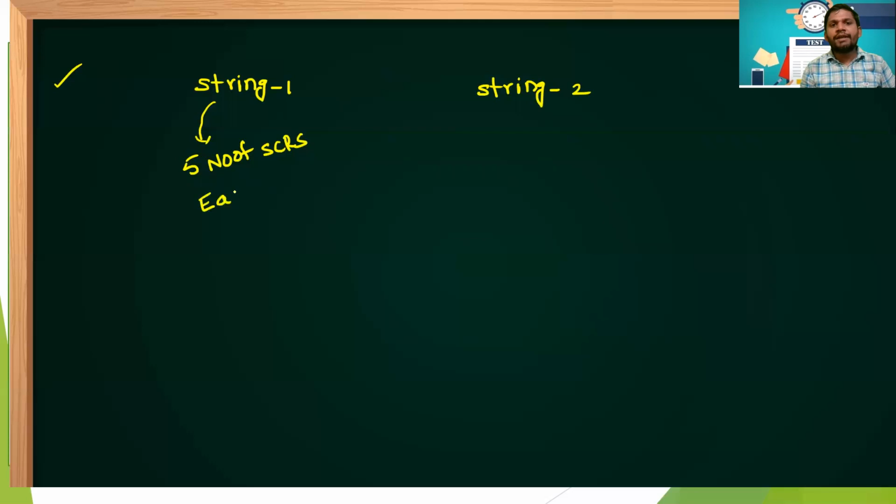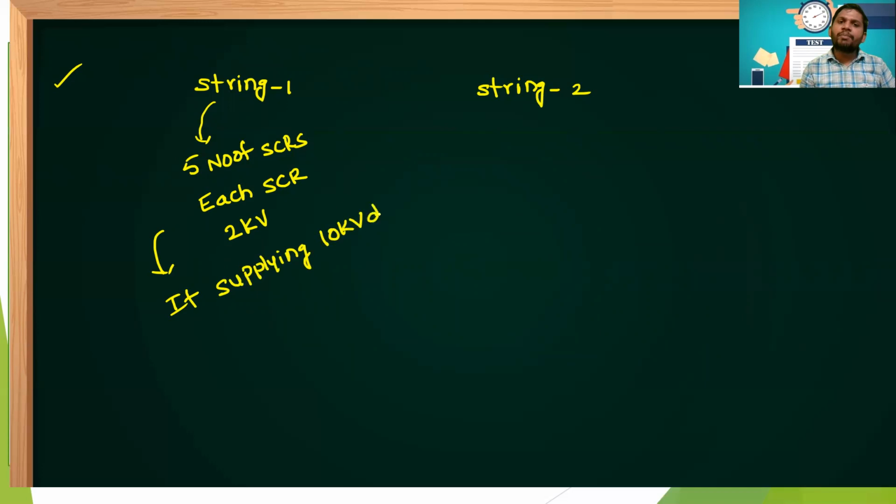Each SCR is rated 2 kV, and it is supplying a 10 kV demand. Practically it is not possible, but just from a concept point of view, I am explaining this example only.